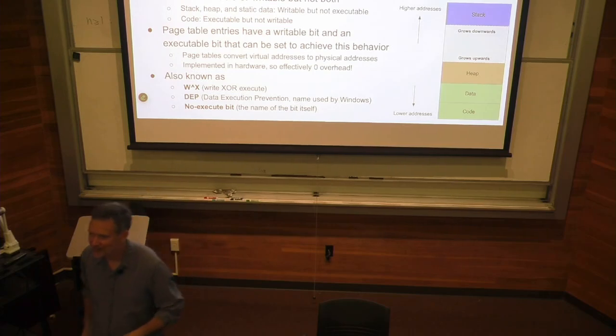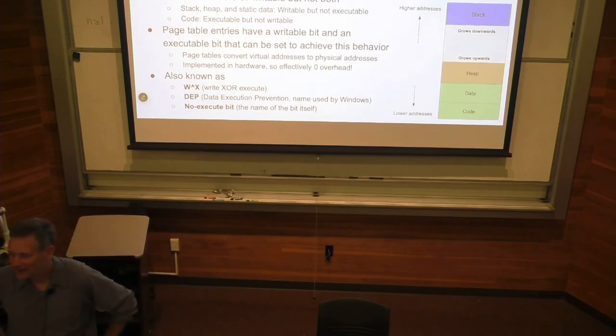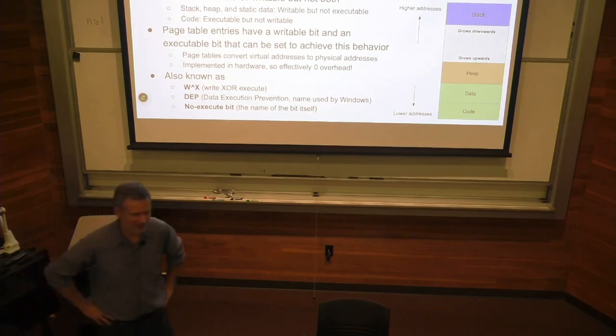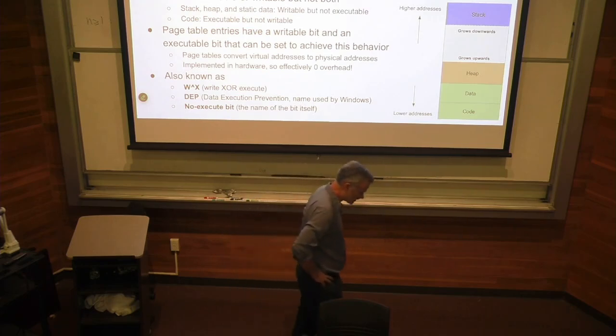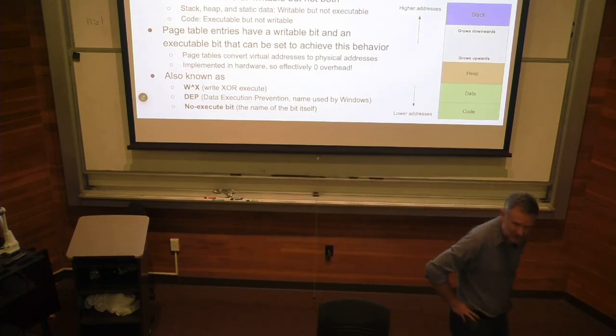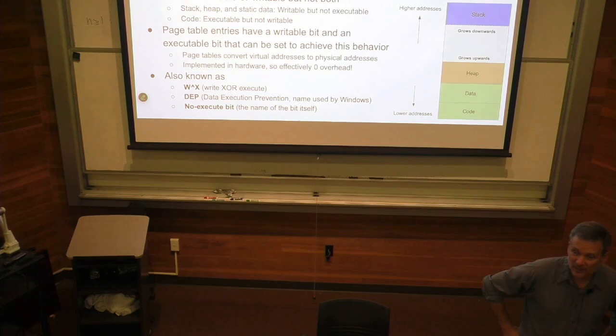How do you mark a page as non-executable? The answer, if you've taken CS162, is you use virtual memory and the page tables. The virtual memory subsystem is responsible for mapping from virtual addresses to physical addresses, and it does that with the help of page tables, a data structure that basically stores something like a hash map, though it's not really a hash map, or a tree map.